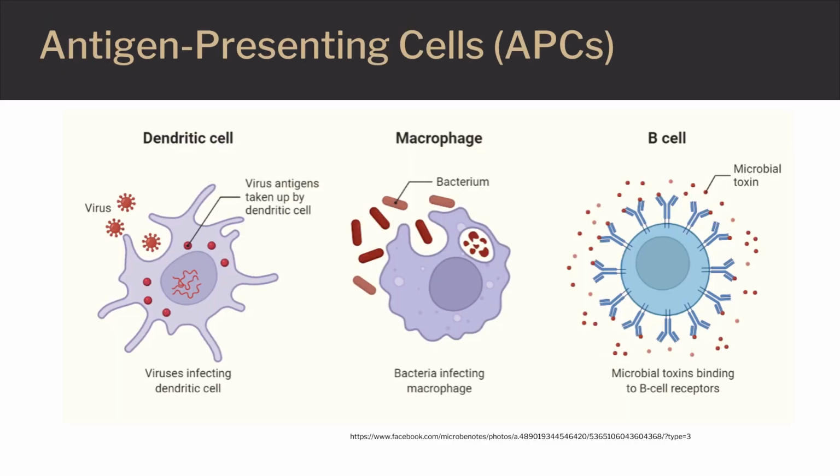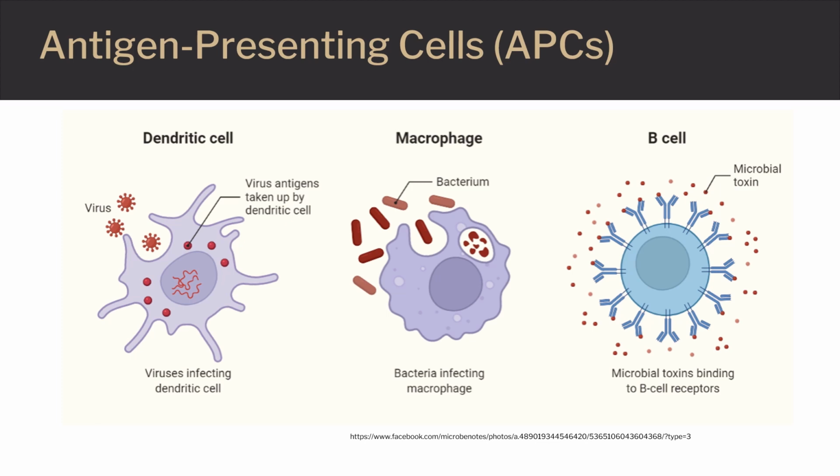All nucleated cells in the body have mechanisms for processing and presenting antigens in association with MHC molecules. This signals the immune system, indicating whether the cell is normal and healthy or infected with an intracellular pathogen.